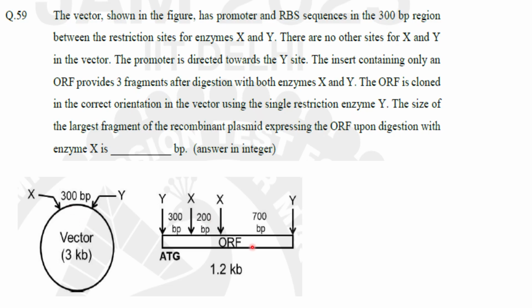Now when you insert this ORF into this vector, X will have 3 sites, 1, 2 and 3. So 3 digestions will take place if you digest with X.